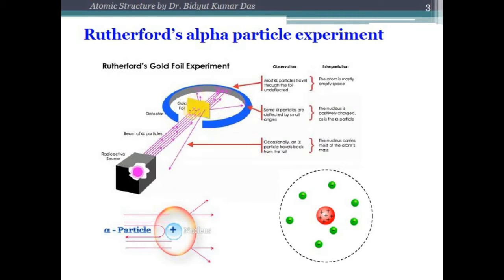Now this is a gold foil, and the alpha particle beam is incident on this gold foil, and surrounding the gold foil is a fluorescent screen.